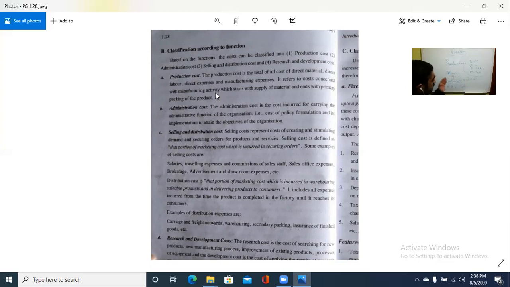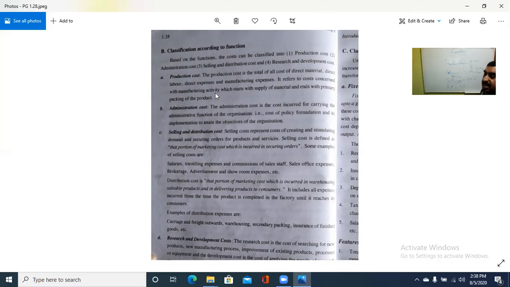Then selling and distribution: the selling function is there, and distributing the thing to the hand of the consumer. Before that, there are some expenses to be incurred, that is called selling and distribution cost. And finally, research and development cost, R&D.